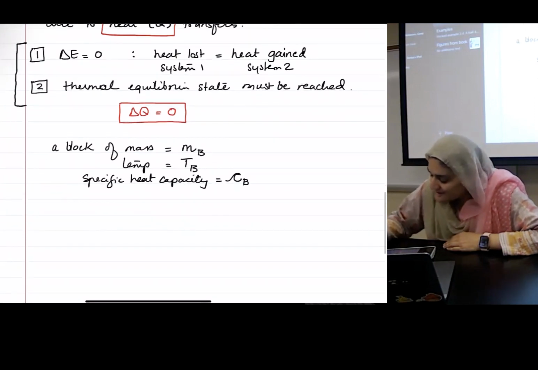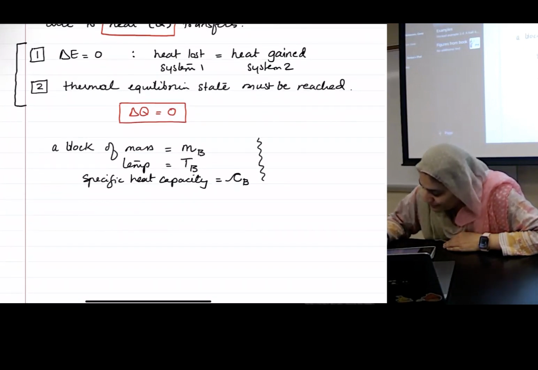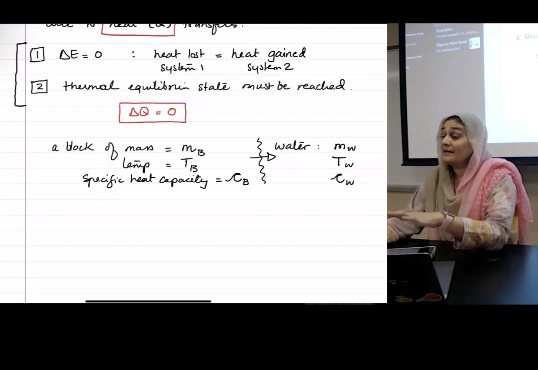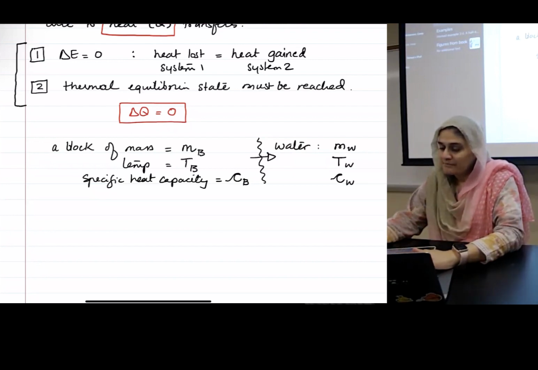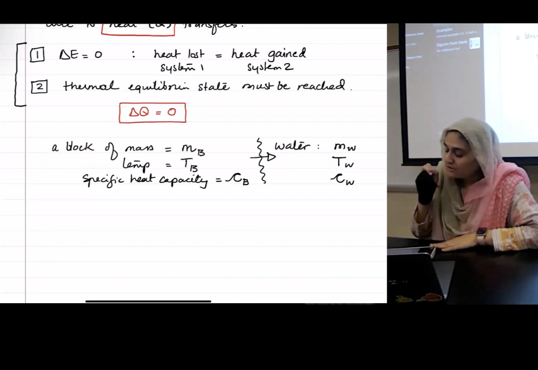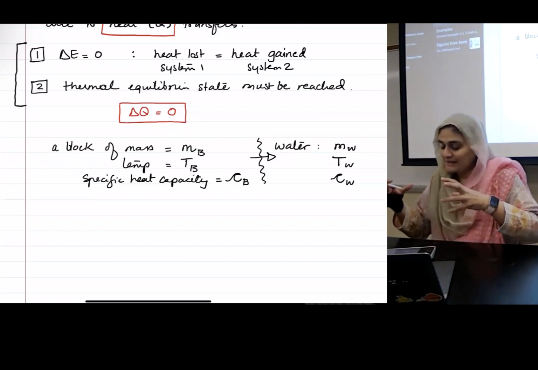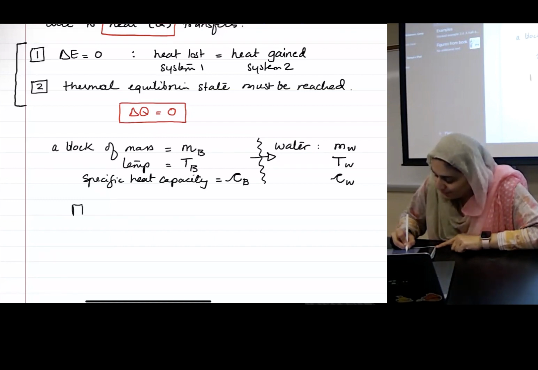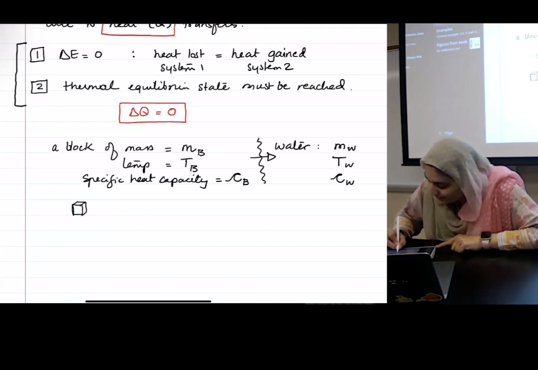And if I take this block and I put it into, say, water, where the mass of the water is mW, the initial temperature of the water is Tw, and the specific heat for water is Cw. Under ideal conditions, let's say the block is at higher temperature than the water, and I put it in water.